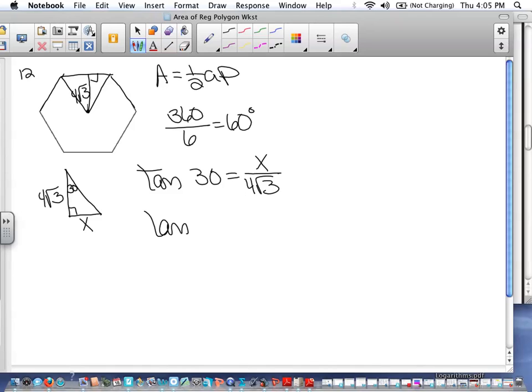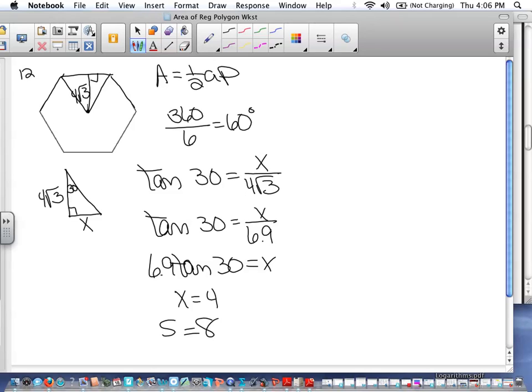So you would have tangent of 30 is equal to x over 6.9. Variable's up high, so you multiply 6.9 times tangent of 30 equals x. So x is equal to 3.98. We're going to round that to 4. Remember, the length of a side is twice the length of x, so a side is equal to 8.